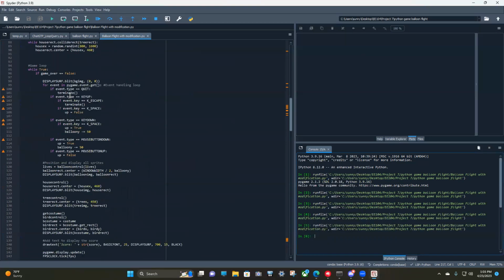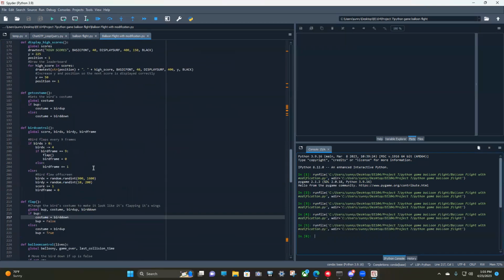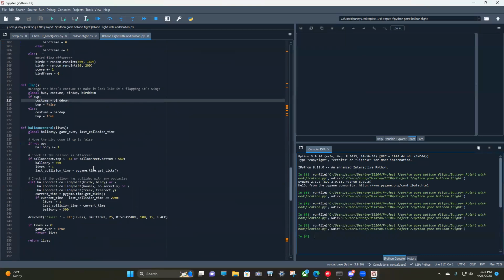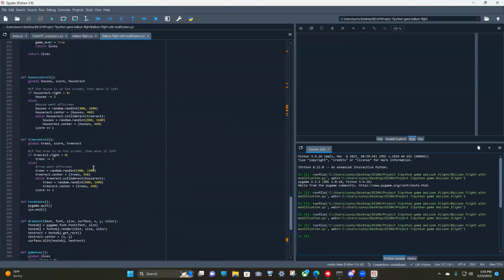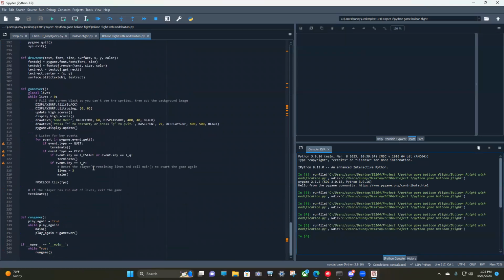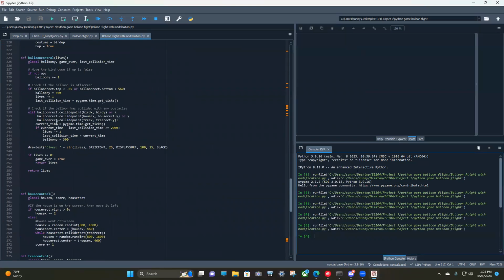Balloon flights. Tree house control. Here we go, balloon control. And then this is the timer. So that's 2000 milliseconds, which is 2 seconds.